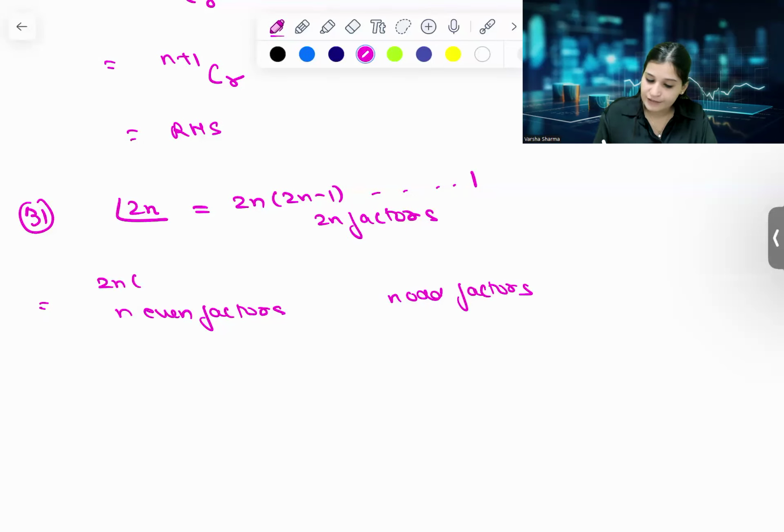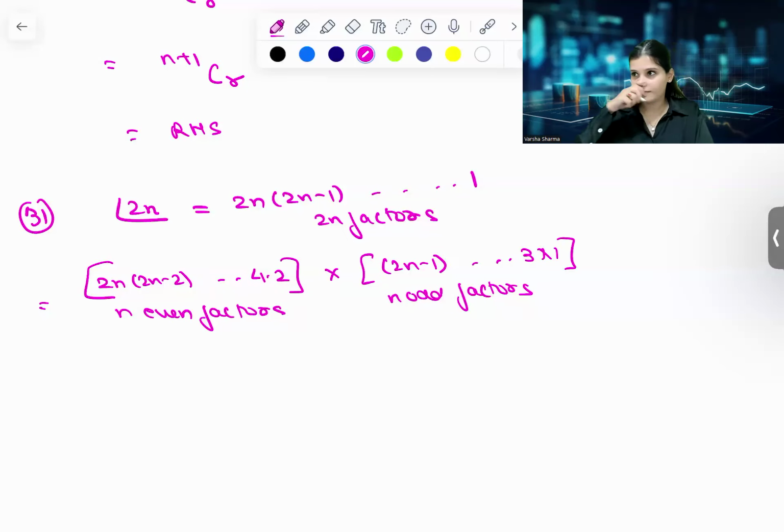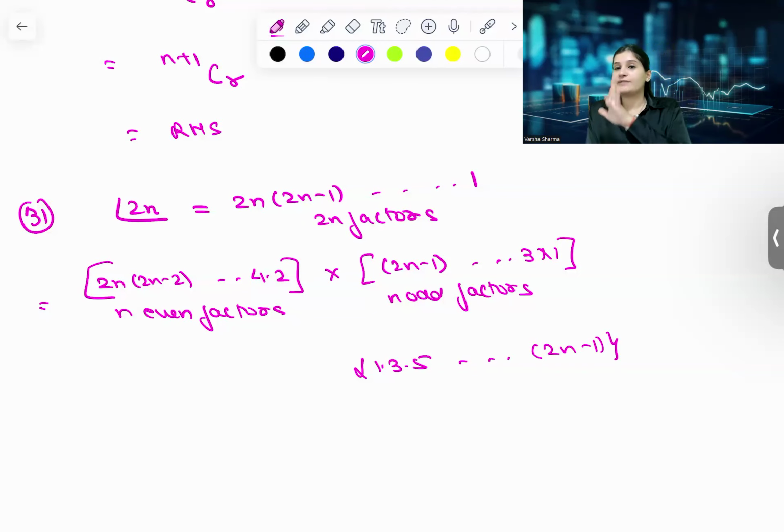Even factors: 2n, 2n minus 2, down to 4 and 2. Odd factors: 2n minus 1 till 3 and 1. The odd ones I'm not doing anything, just multiplying them. From the even numbers, if there would have been 5 even factors, there would have been 5 twos. If there would have been 7 even numbers, there would have been 7 twos.